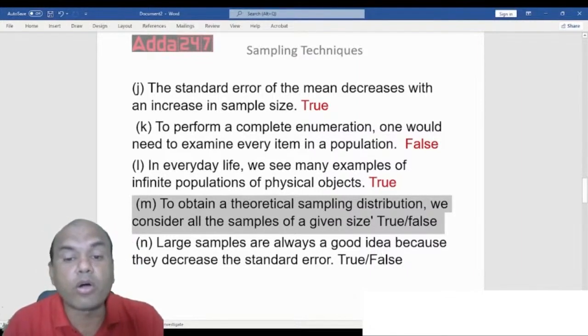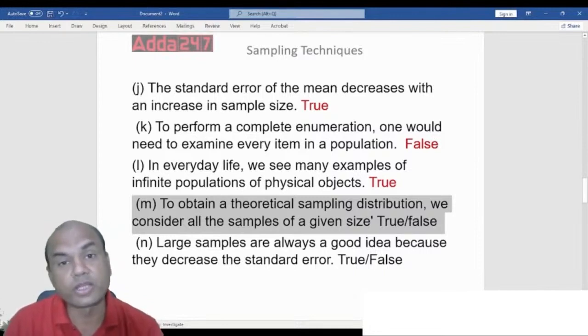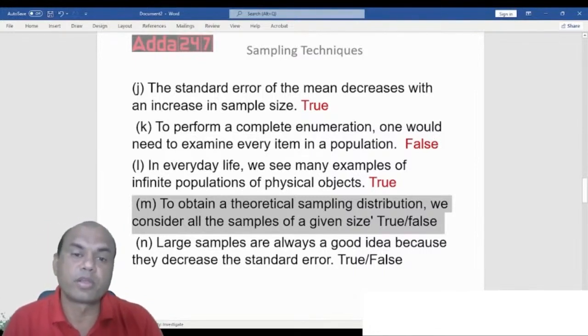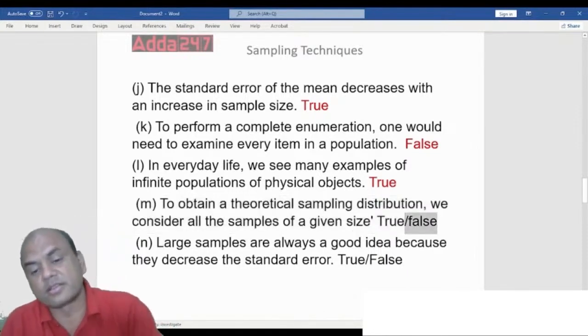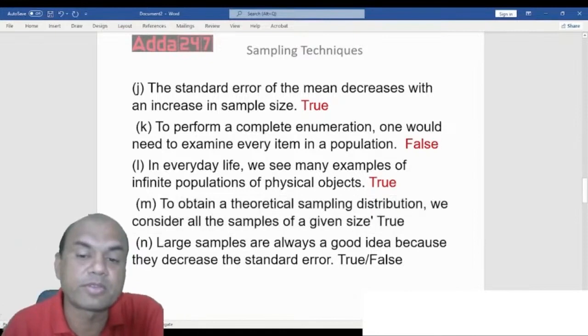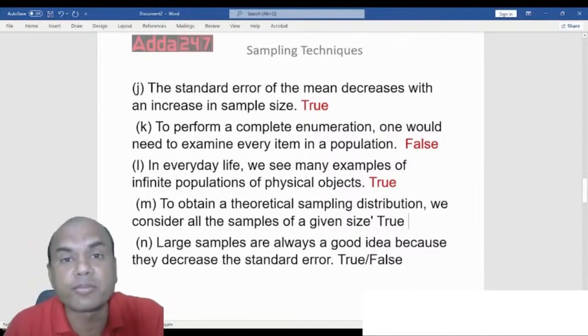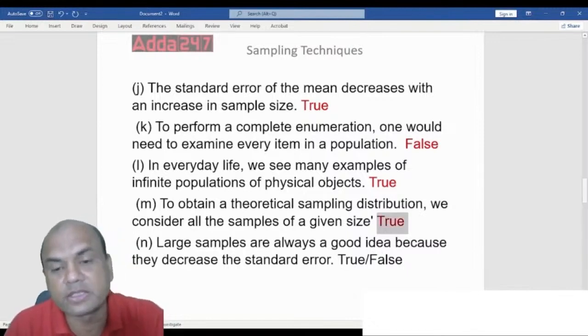So do we consider all the samples? The answer is true. For a sampling distribution, you have to consider all the samples of the given size. Got it?